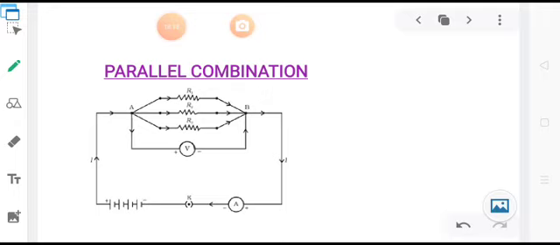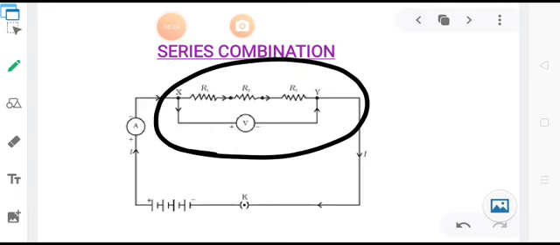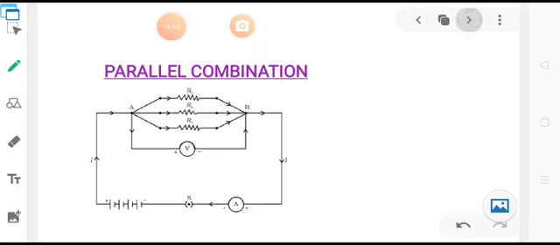Both the ends of the resistors are joined. In the previous case, one end of R1 was connected to one end of R2 and the second end of R2 was connected to one end of R3. But in this case, both the ends of R1 are connected to both the ends of R2 and then both the ends of R3. So this is how a parallel combination looks.